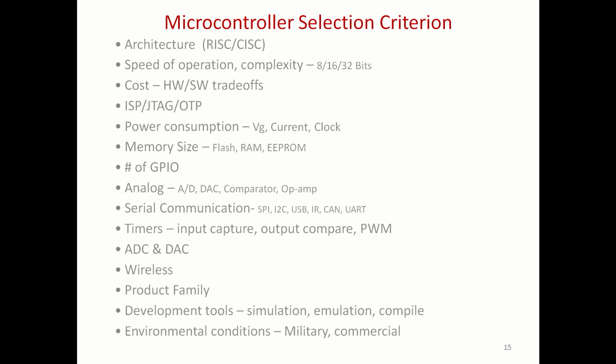So while choosing the controllers, it is a choice. Again, let's not worry about this slide. But CPU selection is really a choice. In the market, you will find thousands of CPUs, many, many companies. More than 30, 35 popular companies are there in the market for selection of the CPU.